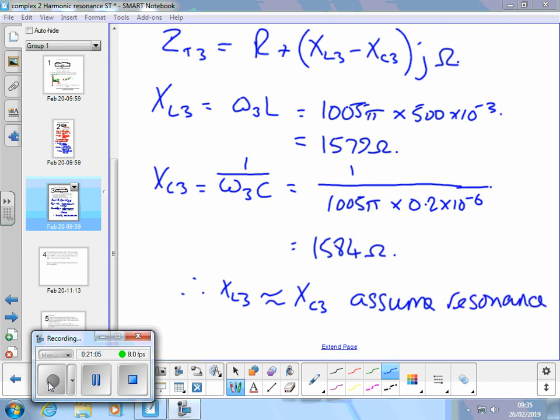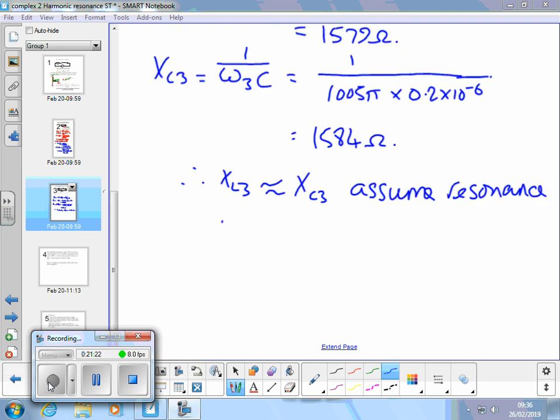Unless I give you an exact component value that will give resonance for one of the two components, to all intents and purposes, they're equal to each other and cancel each other out. Therefore, ZT3 equals R equals 2 ohms. All right?